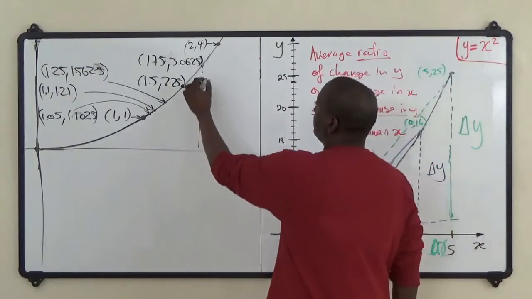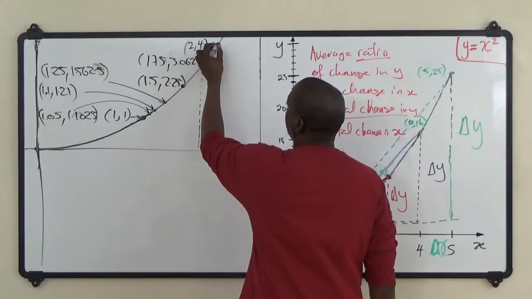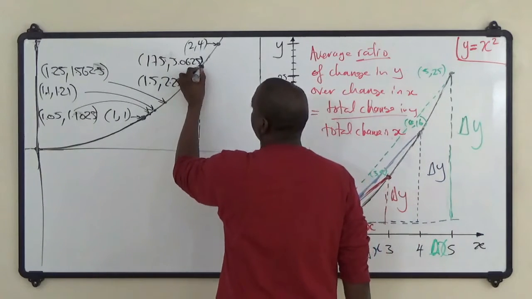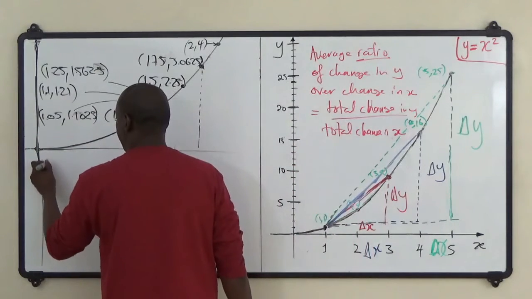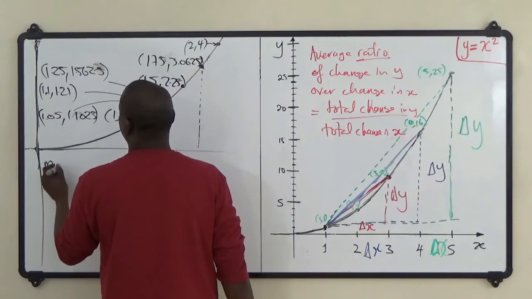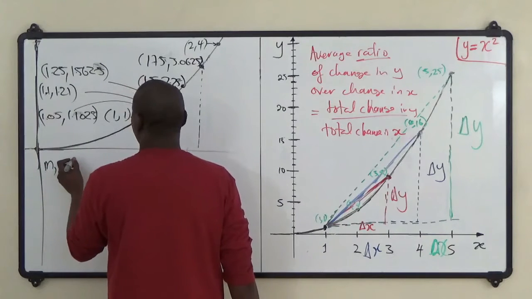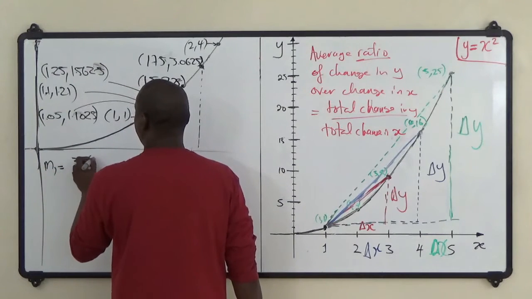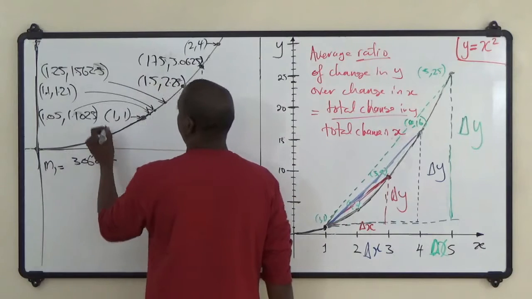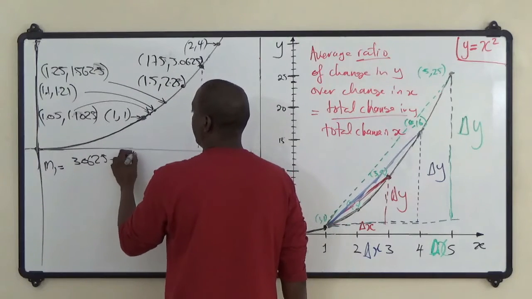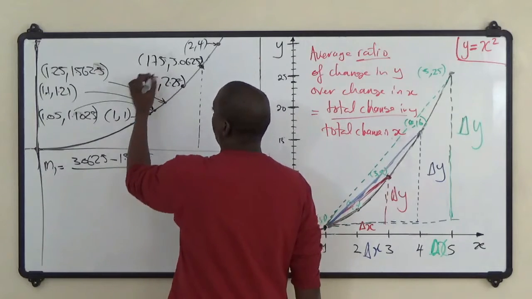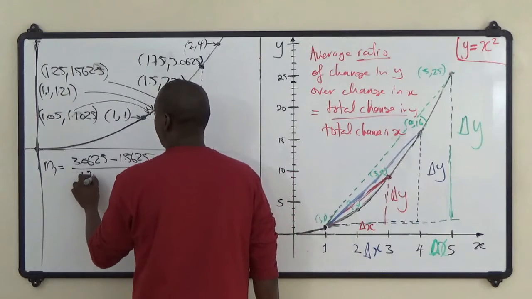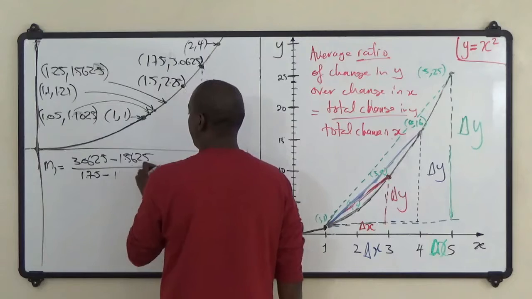So the gradient between this point and the point 1, 1 would be, let me say M1 is equal to 3.0625 minus 1.5625 all over 1.75 minus 1.